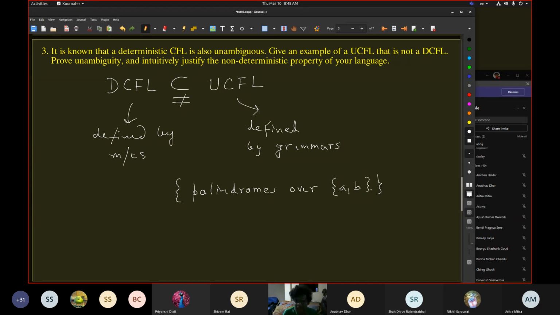Okay, so if I consider these palindromes, and if you construct a grammar for this, that grammar has a unique parse tree against every palindrome, right? So you convince yourself. But why is it not deterministic context-free? What is an intuitive justification?